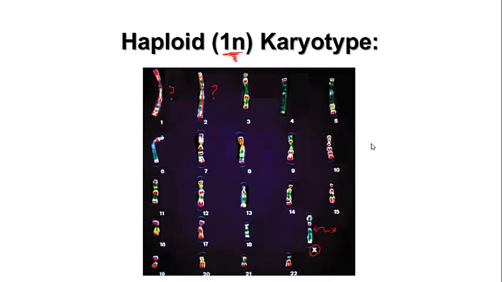And so the total amount of chromosomes that we have is 1 times n, which is the number of different types of chromosomes, and 1 times 23 equals 23. So the haploid number for this haploid state in the human being would be 23.